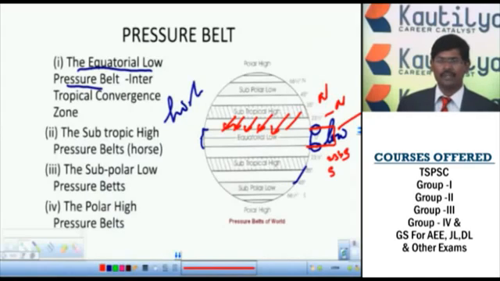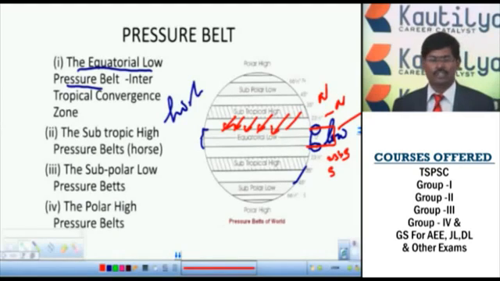During the journey, whenever the direction of the winds changed, meaning the atmospheric pressure changed, they used to throw the horses into the ocean or the sea. That's why the subtropical high pressure belts are called the horse latitudes. You understand why it is called the horse pressure belt?